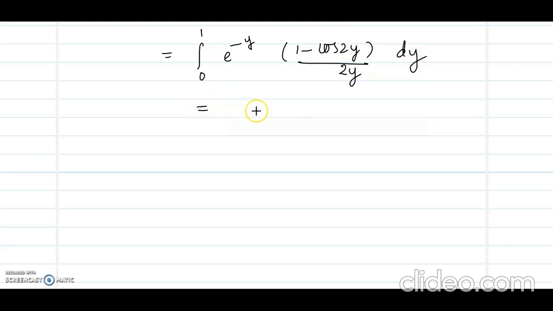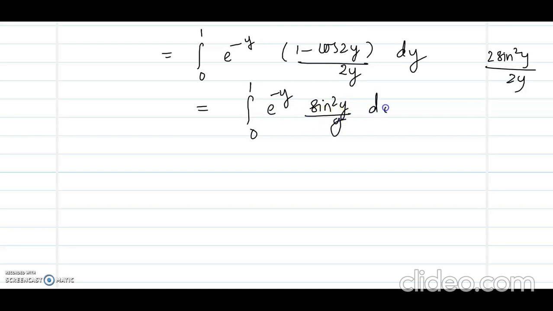Now 1 minus cos 2y will be equal to 2 sin square y. So here we can write it as 2 sin square y by 2y. So that will give us integral 0 to infinity e power minus y sin square y by y dy.